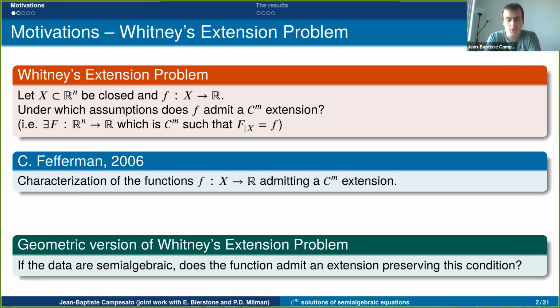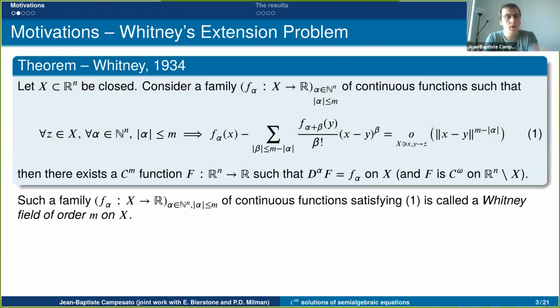And before talking about the second one, I would like to mention the classical Whitney's extension theorem from 1934. We start with X, a closed subset of R^n, together with a family of continuous functions f_alpha. Here alpha is a multi-index, so alpha is equal to (alpha_1, alpha_2, up to alpha_n), where each alpha_i is a natural number, and n is the dimension of the ambient Euclidean space.